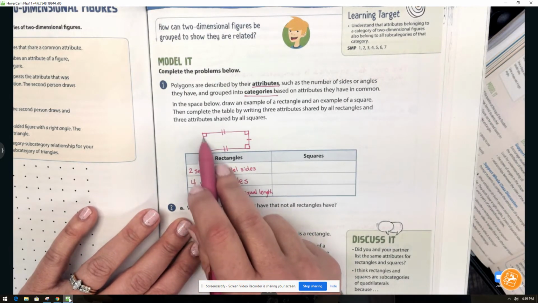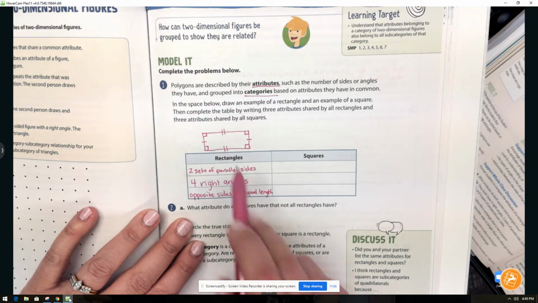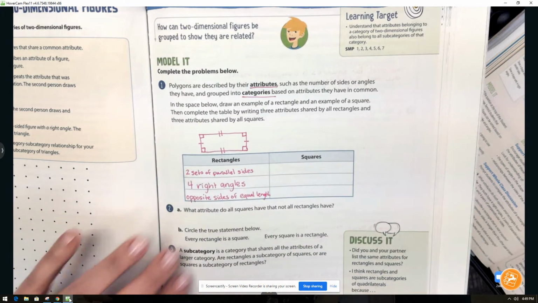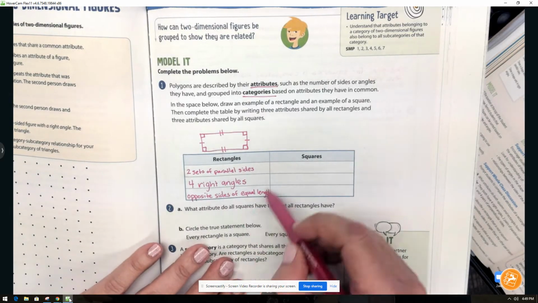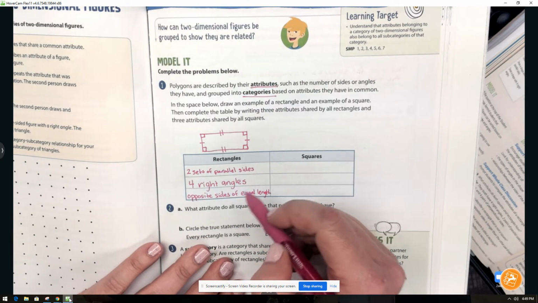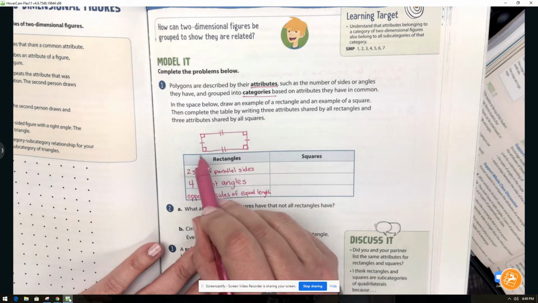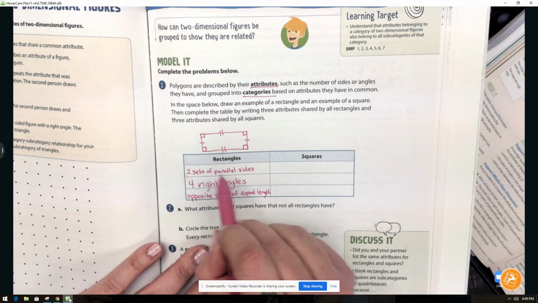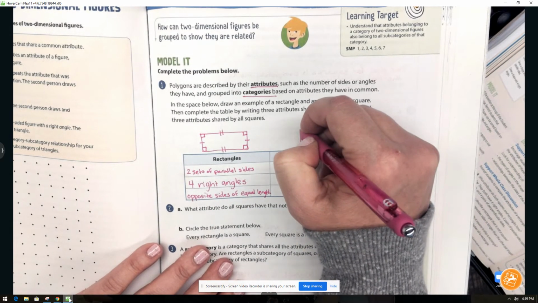Meaning this side here is equal to this side here, and this side here is equal to this side here. So those are 3 attributes of rectangles. And the category would be rectangles, and then 3 attributes of the shape of a rectangle are listed below. Now let's draw a square.